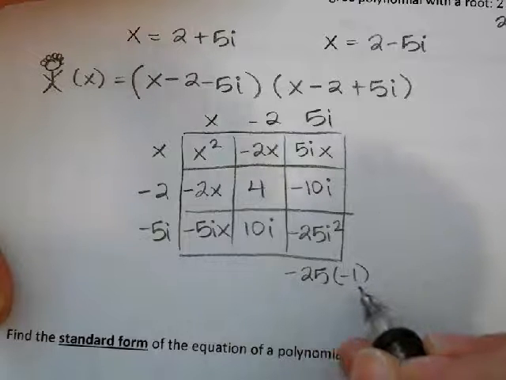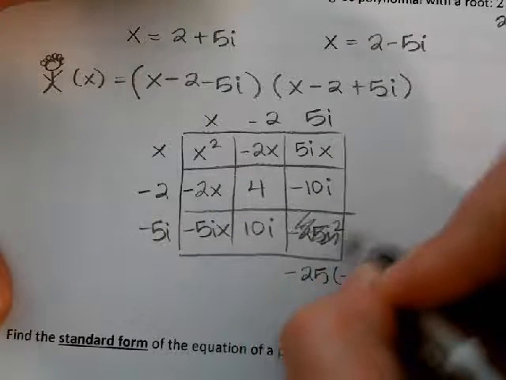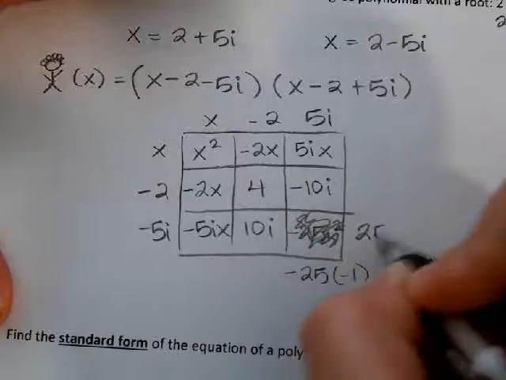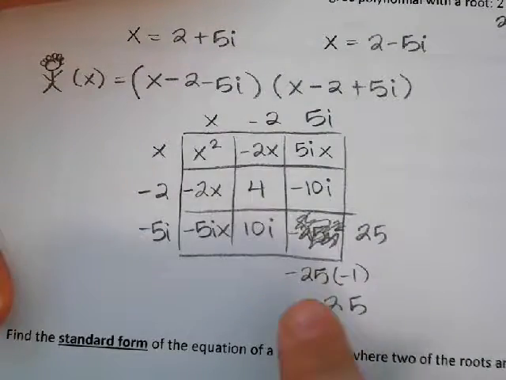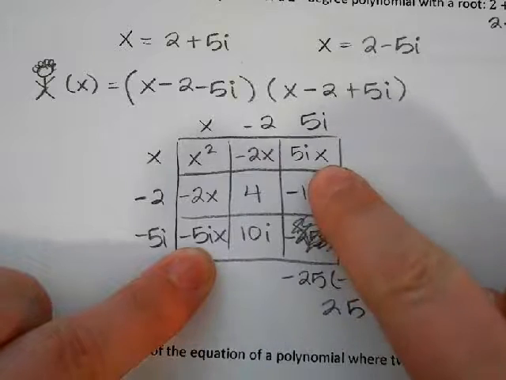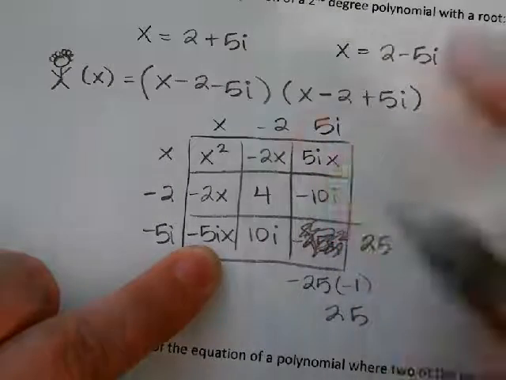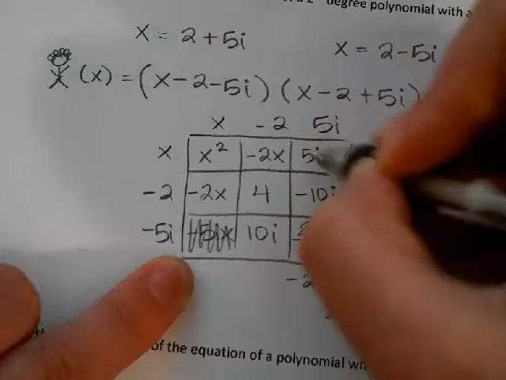Now, we have negative gross and positive gross, which is nothing, so we'll cancel those out. And we have positive gross and negative gross, which is no, we'll cancel those out too.